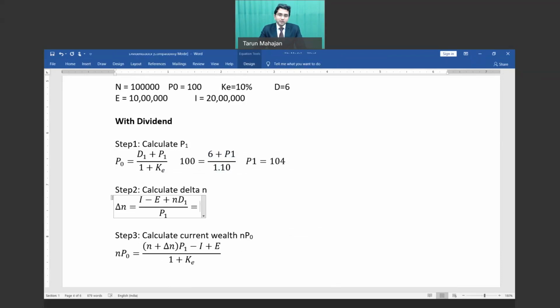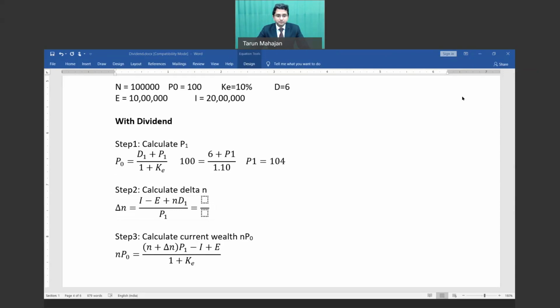Delta N, that is the new number of shares to be issued. But sir, what is the philosophy behind it? See, the Modigliani and Miller approach says that investment decision, financing decision, and dividend decision cannot be taken in isolation. You need to combine all these three decisions, then only you will be right.